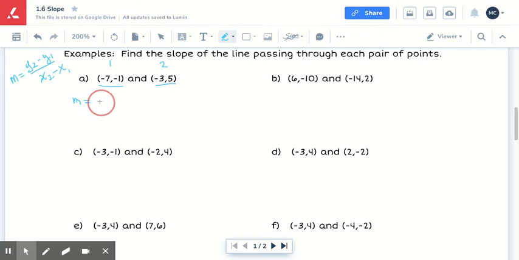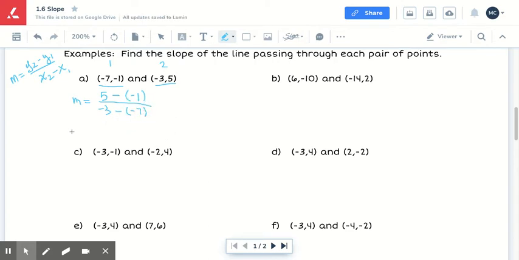So I'll write m equals. And on the top, I need the change in the y's. So this is going to be the difference of the y values. So y2 is 5 minus y1, that's negative 1. On the bottom, it's the change in the x values. So I take x2, so that's negative 3, minus the x1, that's negative 7.